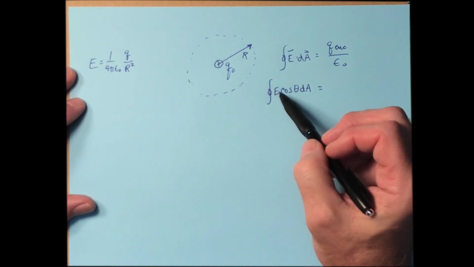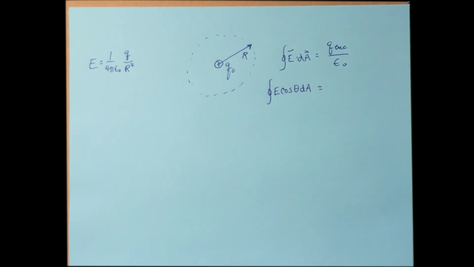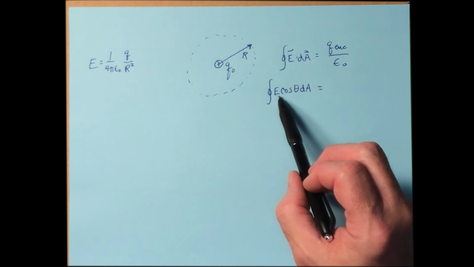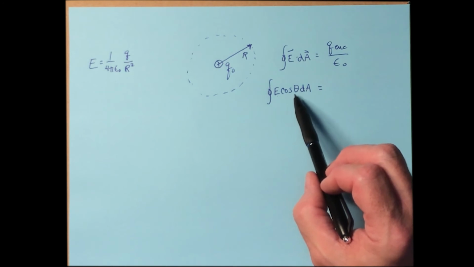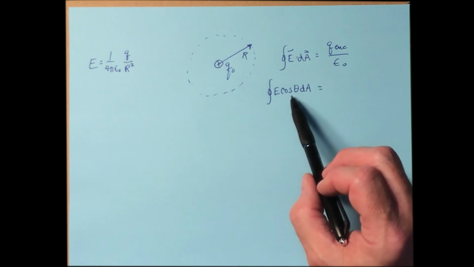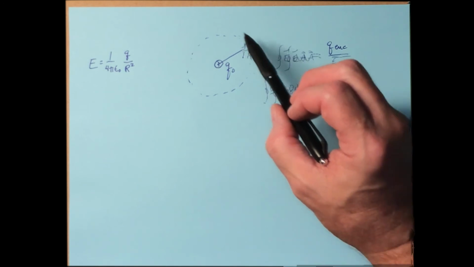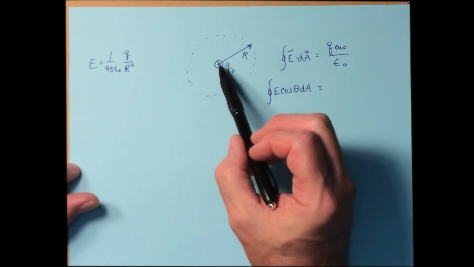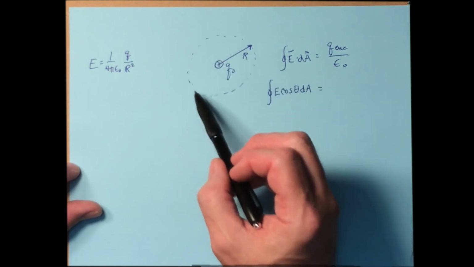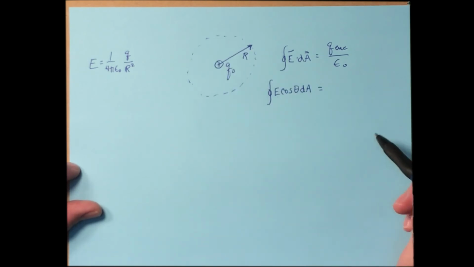So we want to choose our geometry in such a way that the electric field is constant at the surface of our Gaussian surface, and cosine theta is constant at every point on it. And if you think about that, the best way to do that is to take this point charge and put it in the middle of a Gaussian surface that is the shape of a sphere.